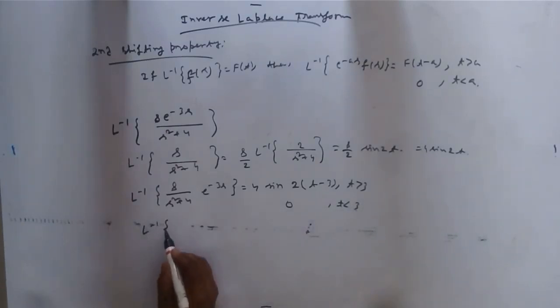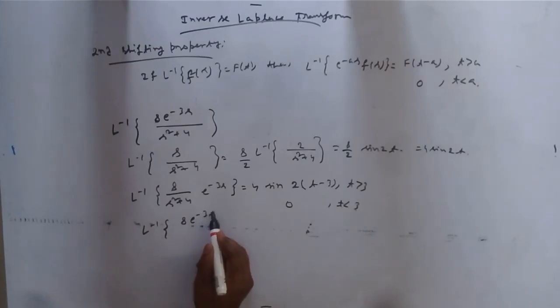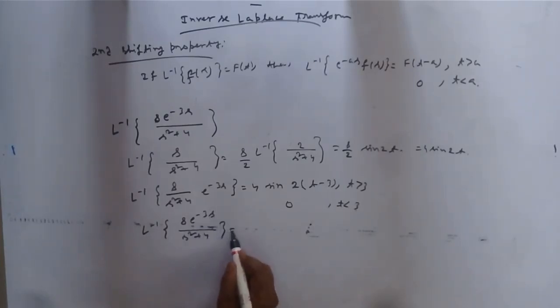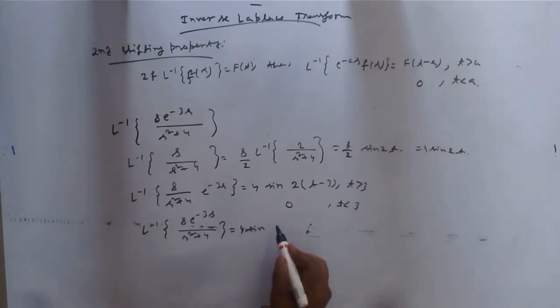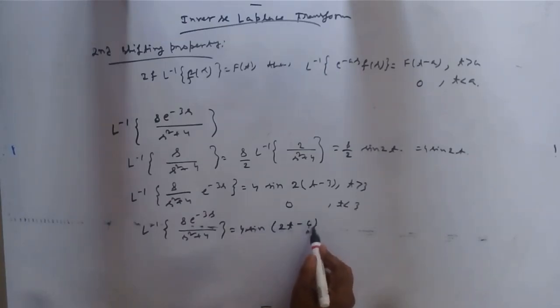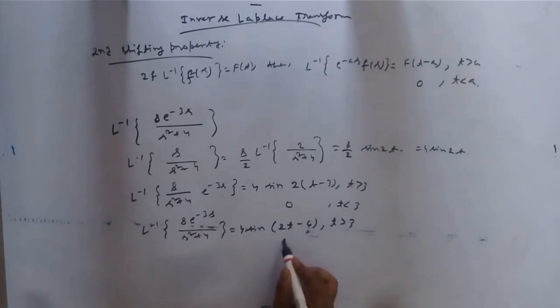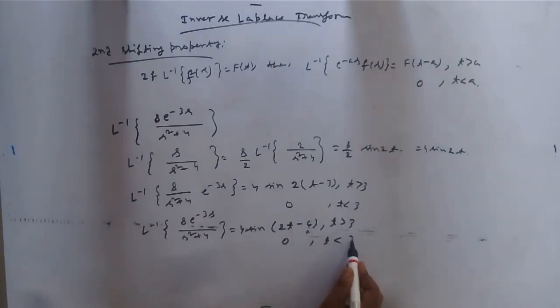So L inverse of 8 into e to the power minus 3s by s square plus 4 is equal to 4 into sine (2t minus 6) when t is greater than 3, 0 when t is less than 3. Okay. So this was an example of the second shifting property. Okay, now we will go to the next property called change of scale property.